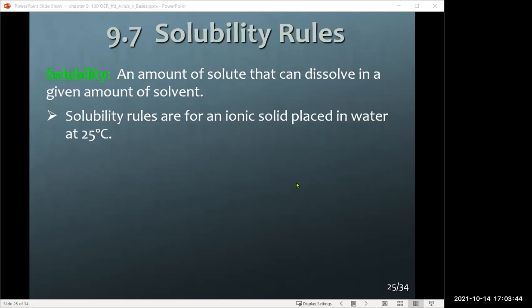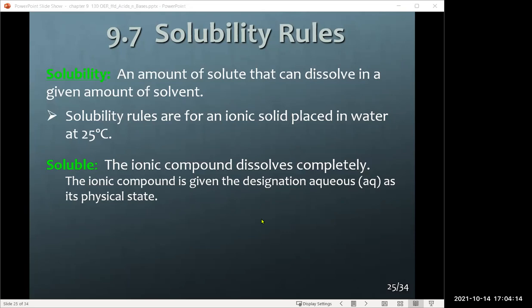Now, the solubility rules are a function of temperature, and the rules apply for water at 25 degrees, because we know, or maybe you don't know, but you can adjust solubility of anything by what? Heating it up. If something doesn't dissolve, you heat it up and you get more of it in solution. Okay, so 25 degrees.